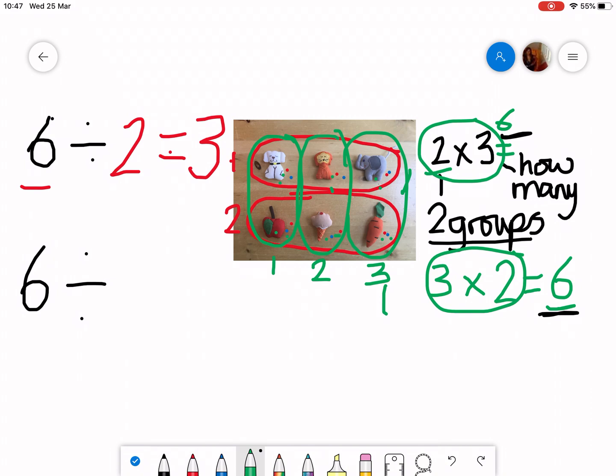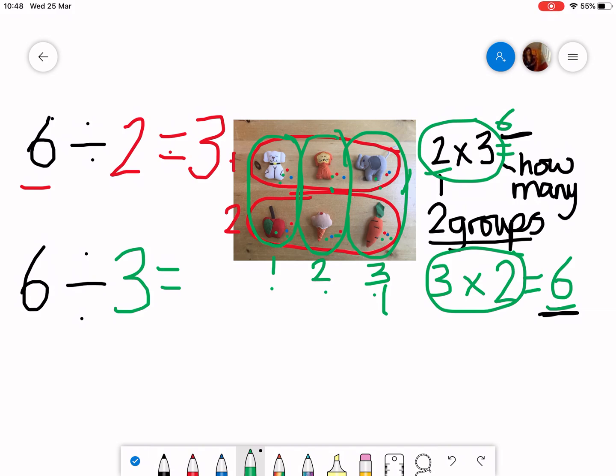So we have 1, 2, 3 groups. Do you remember last time we divided it by the number of groups we had? We had 2 groups the last time, but now we have 3 groups. So 6 divided by 3. The way we work out our answer is we need to count how many we have in each group.